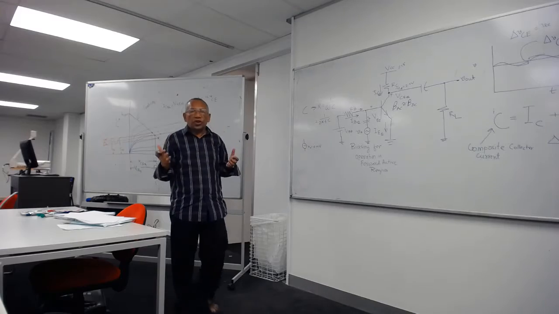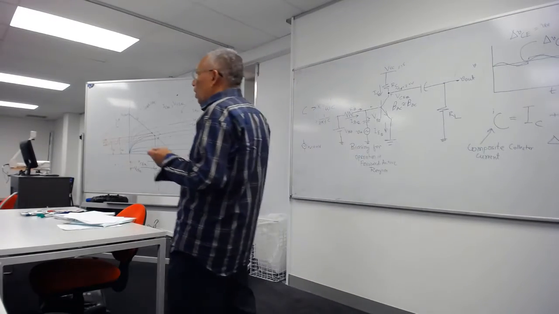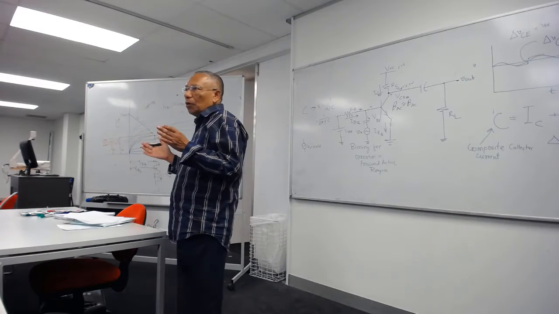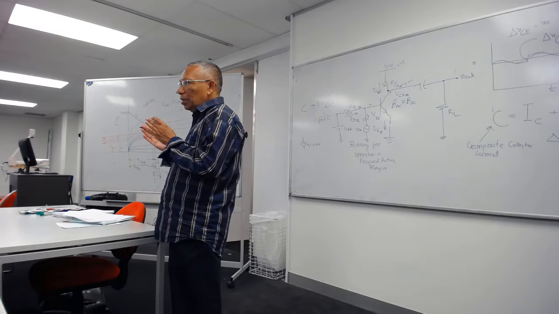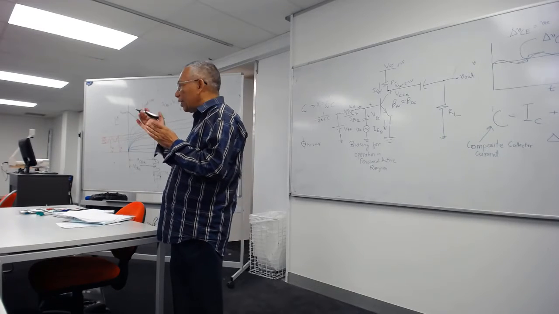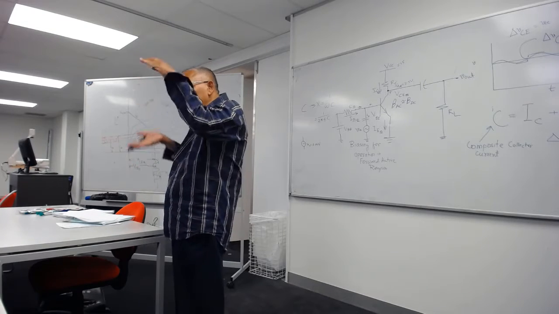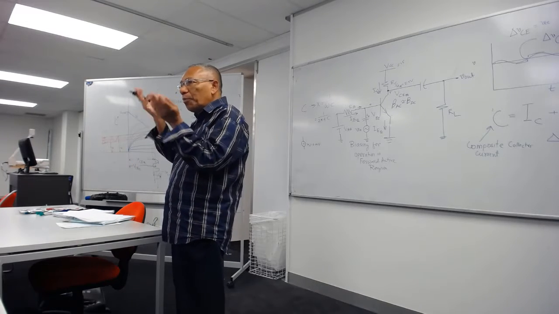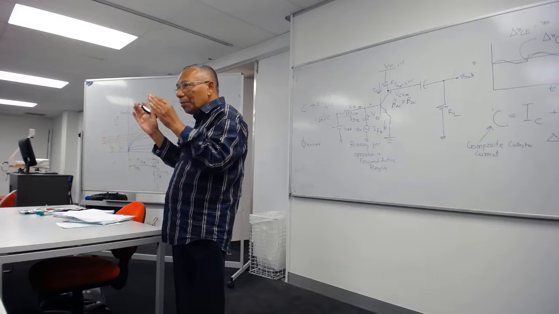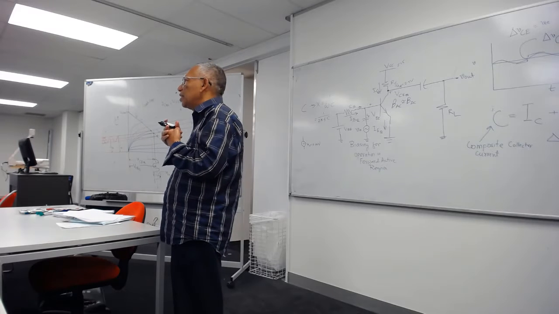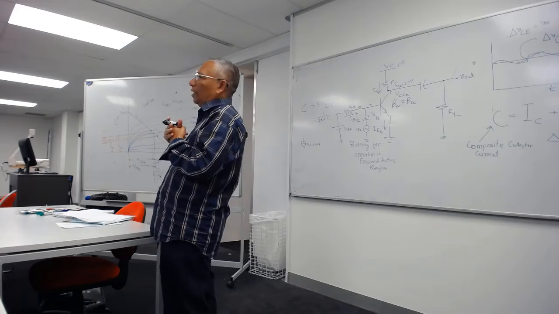So if you consider a device, or a branch, where as you change your collector emitter voltage, the current between the collector and emitter doesn't change as you change the voltage, what kind of component is that? When you change the voltage but the current is fixed, what kind of component is that? Current source, exactly.